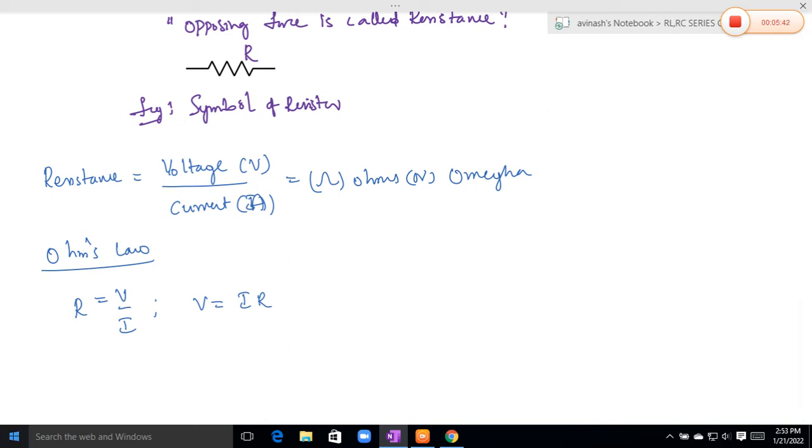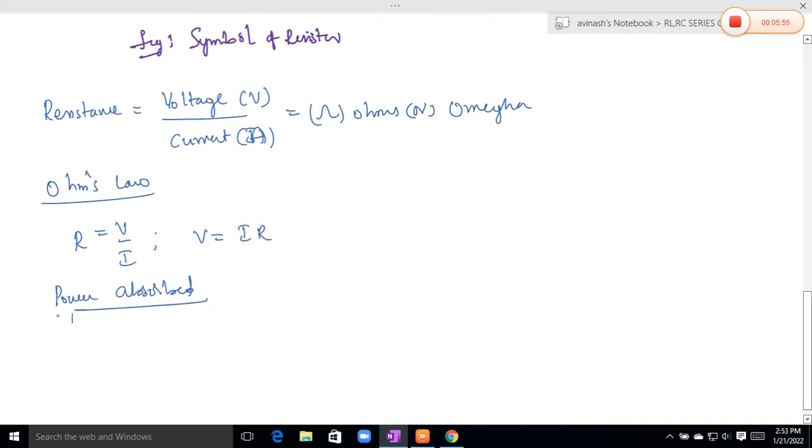Then the power absorbed by the resistance. We already discussed in one of the classes what power absorbed means. If this is plus and minus, this is voltage, this is current.